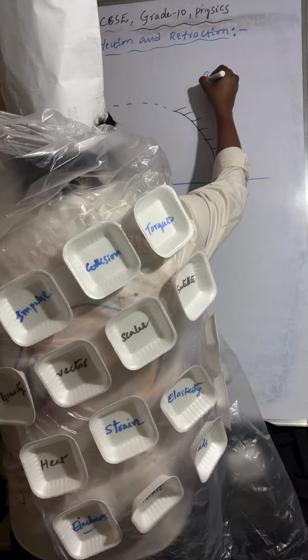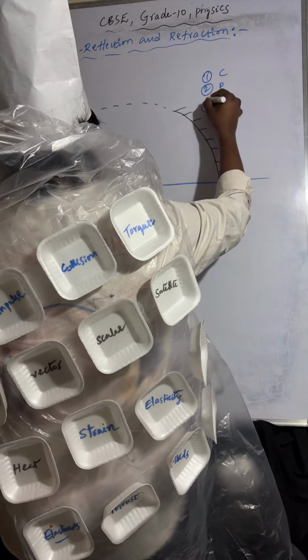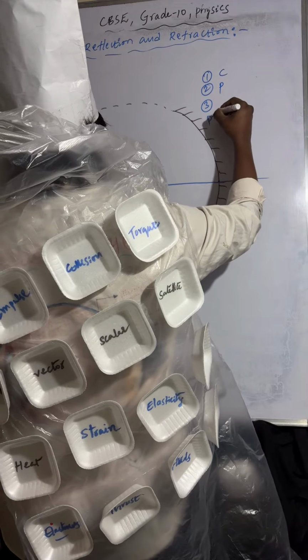So the first one is center of curvature, the second one is pole, the third one is principal axis.